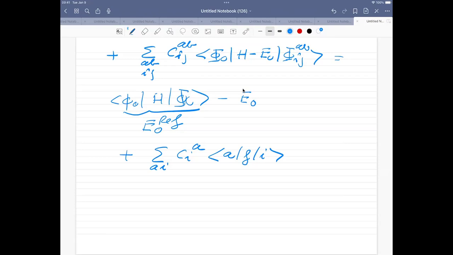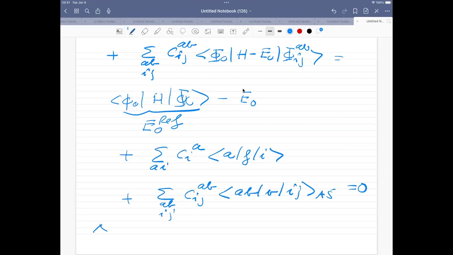So this is the second term. And then finally, what we have is an AB, IJ, and then we have a CIJ, AB, and then when we calculate the matrix elements, this is what we have of IJ, and this is an anti-symmetry state, and this is equal to 0. And then we reshuffle this and define what we call the correlation energy.